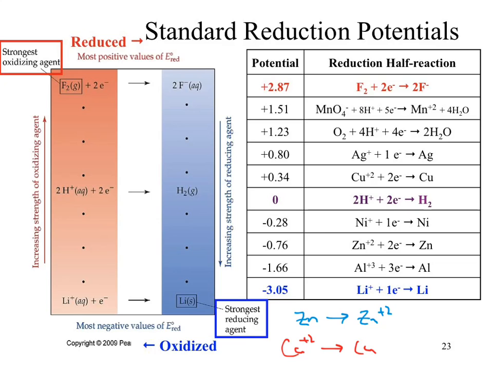That is positive 0.76. Why is it positive? We've reversed the reaction. How about copper ion going to copper metal? Positive 0.34.